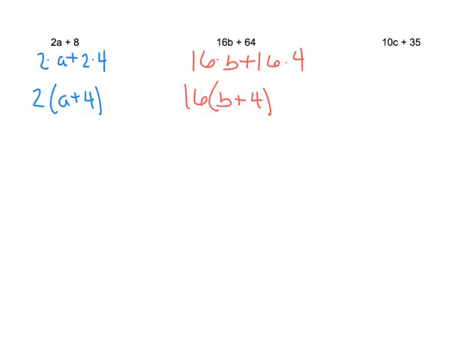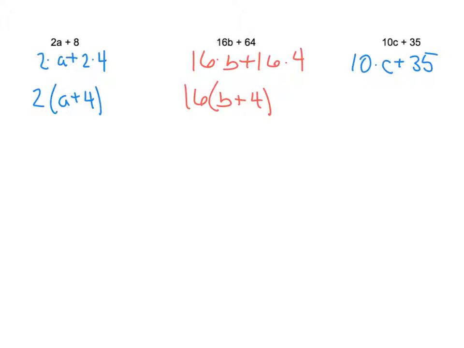All right, and this one gets slightly trickier. Now we've got 10c plus 35, okay? So that's 10 times c plus 35. Now, notice 35 is not divisible by 10, so I can't just pull a 10 on the outside.